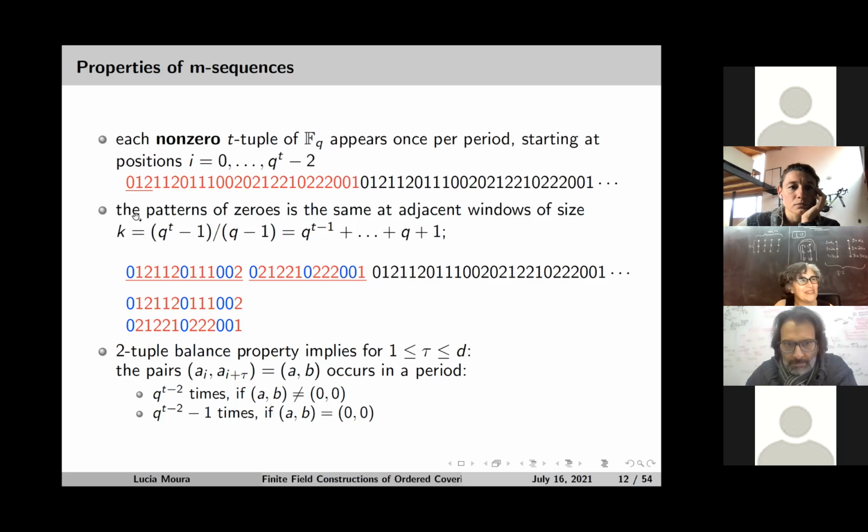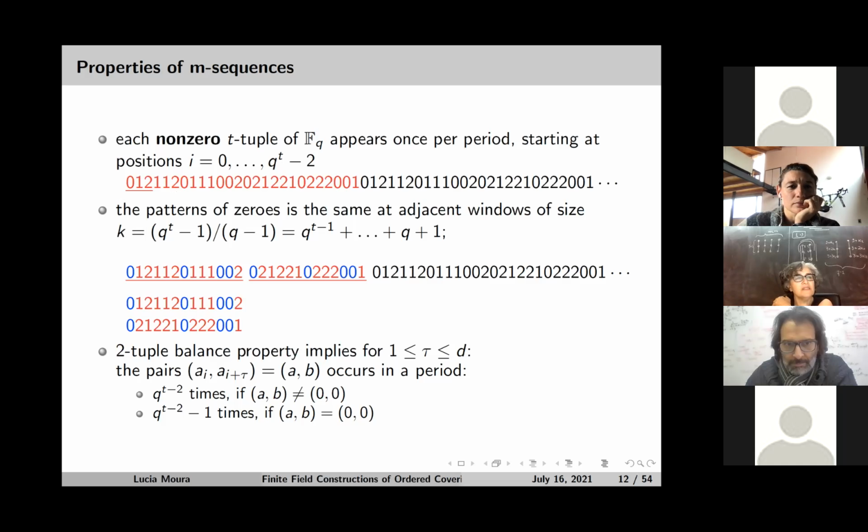So remember, there are 26 here, right? So I have precisely the 26 non-zero tuples, each appearing once. You have 0, 1, 2, then 1, 2, 1, then 2, 1, 1, and so on. You visit every non-zero tuple. So that's a very interesting property and useful for us.